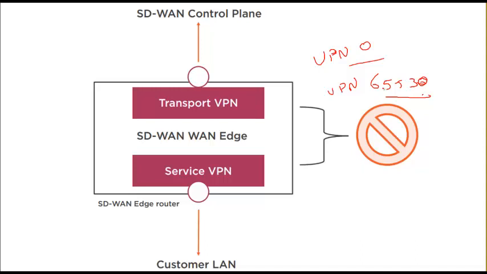So, as I told you, there are VPNs reserved. One of the VPNs is VPN 0, which is given to transport VPN. And you know what is transport VPN? The VPN that is towards the ISP, towards the SD-WAN fabric. And the other one is a management VPN. So in SD-WAN devices, 2 VPNs are present by default.